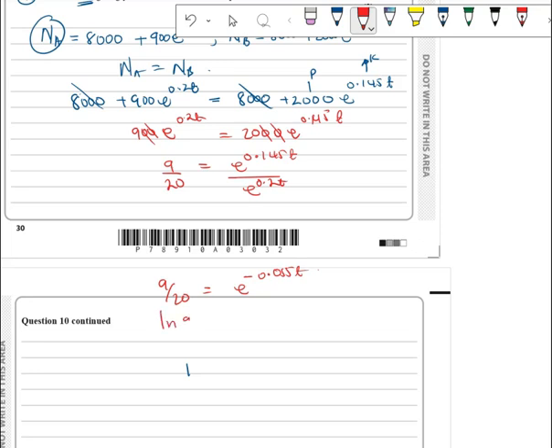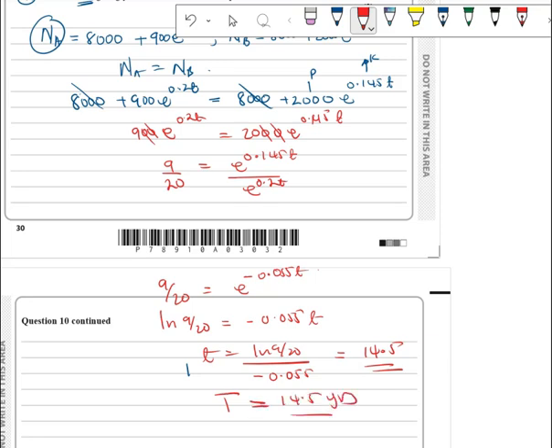So ln of 9 over 20 is equal to negative 0.055t. So your t is ln of 9 over 20 divided by negative 0.055, and then your answer for t is going to be 14.5. So your capital T is 14.5. Yes, that's your capital T.